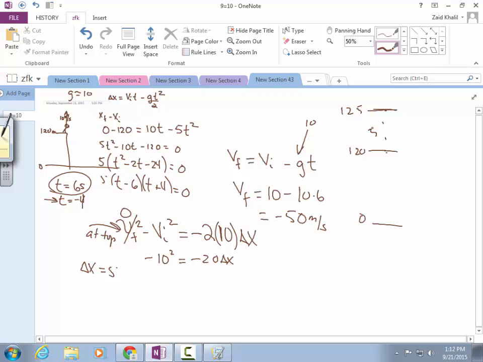Goes up 5 meters. It comes down 5 meters. And then it goes down another 120. So the total distance is 130. Any questions? And what this shows you is that a good example is worth at least 100 words or so.